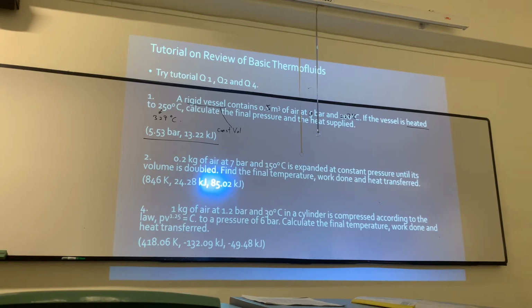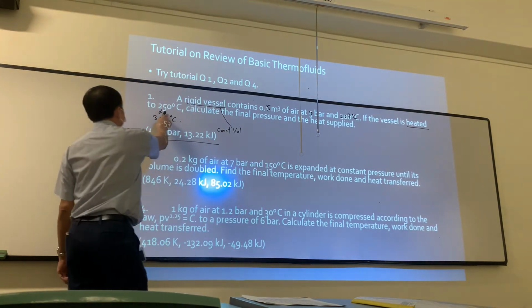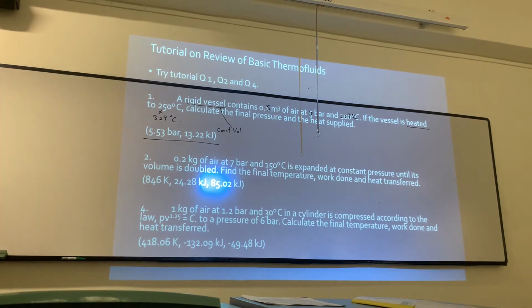Why did I choose 227? Easy for me. Convert to Kelvin, plus 273, exactly 500 Kelvin. So this is state 1. Now heat up to state 2, 327 degrees C. Same thing, you plus 273.